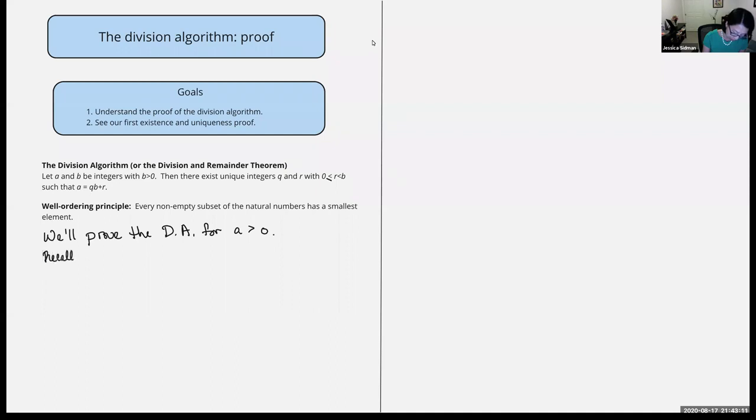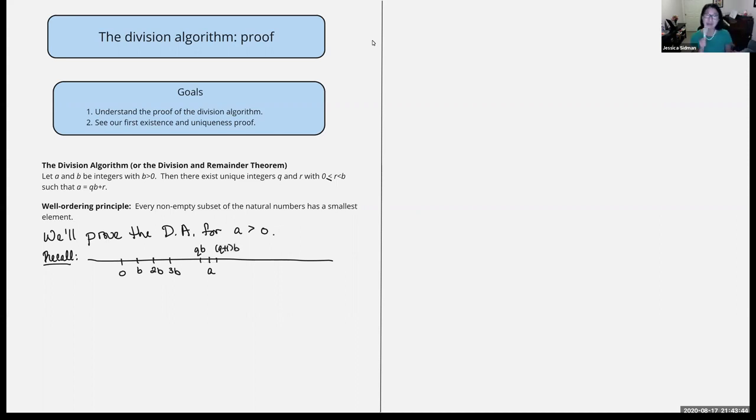Recall that we were thinking about the division algorithm using a diagram like this, where if we have 0 here and A here, how do we think about the QB? Well, we look at multiples of B: B, 2B, 3B, here's QB, and the next one is (Q+1)B, etc.